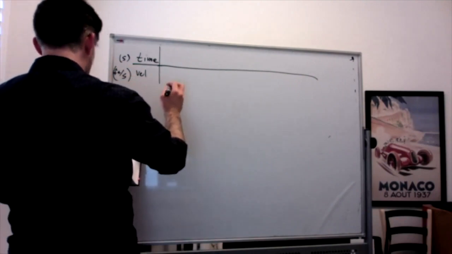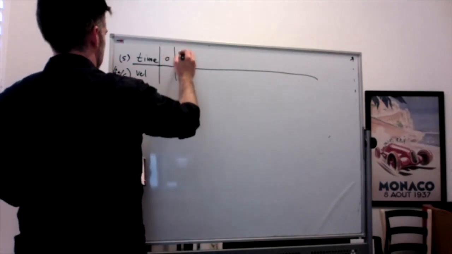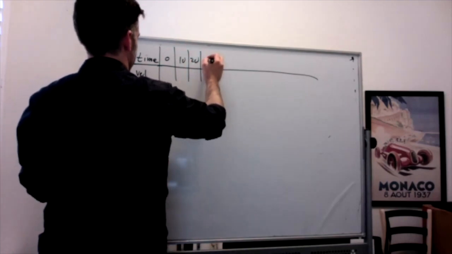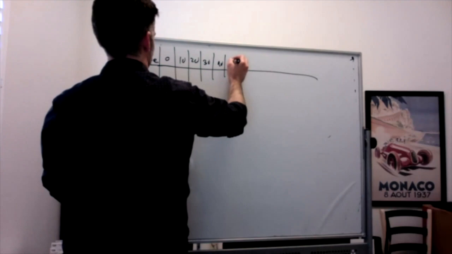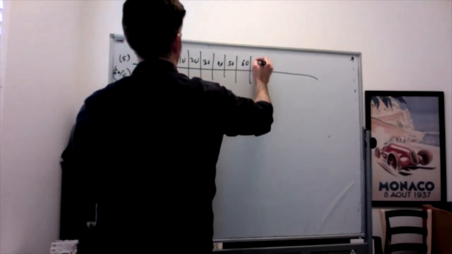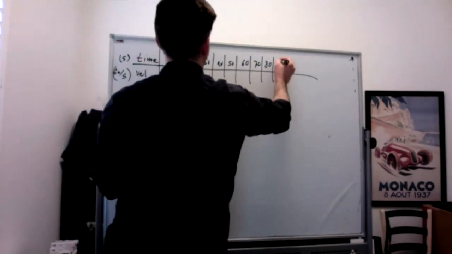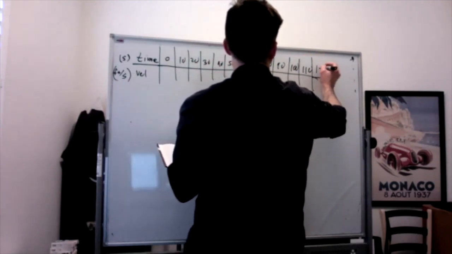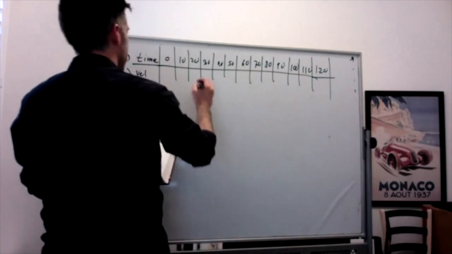So here's our time: times 0, 10, and it increases by 10 every time. So 2 minutes' worth of time, it looks like.